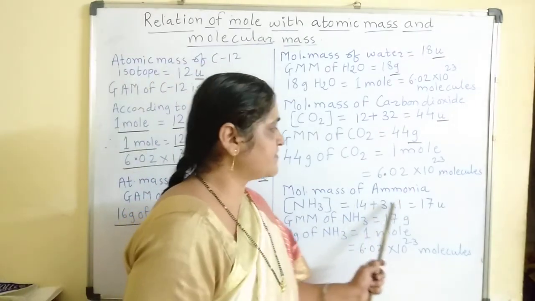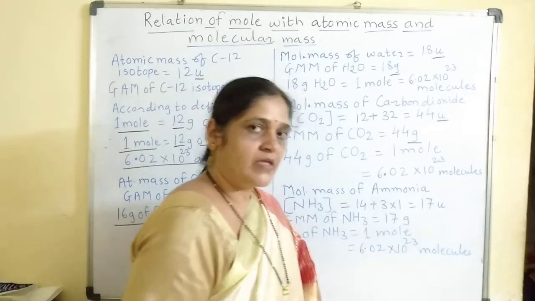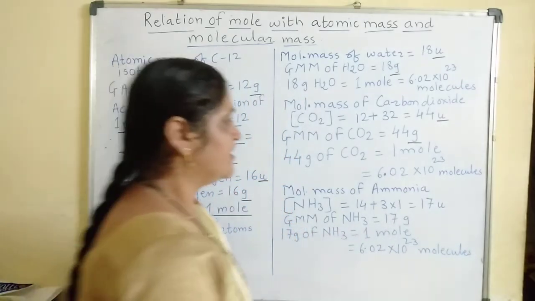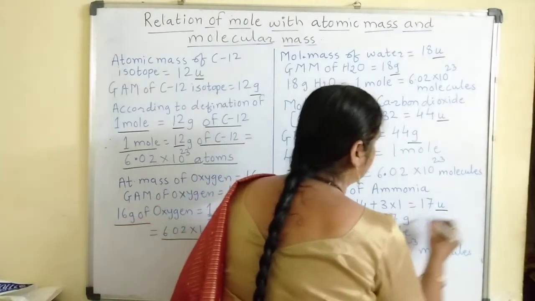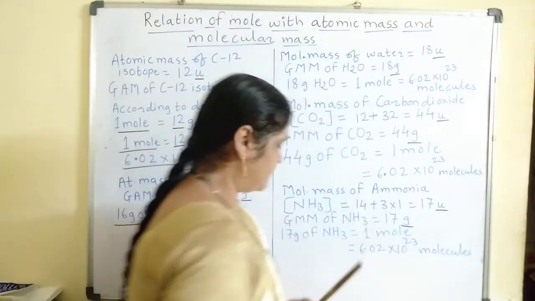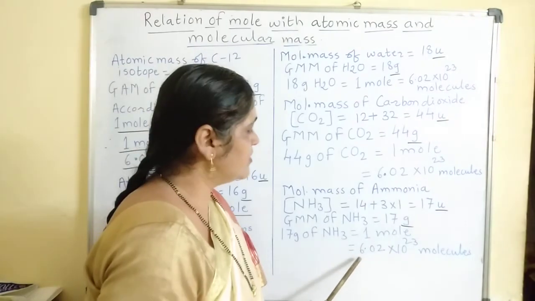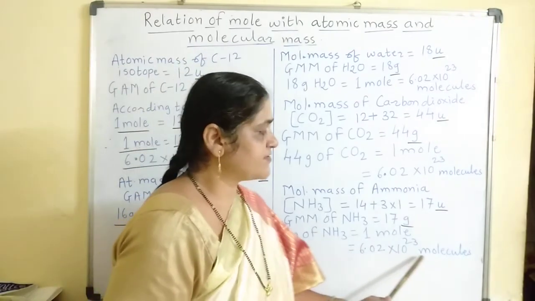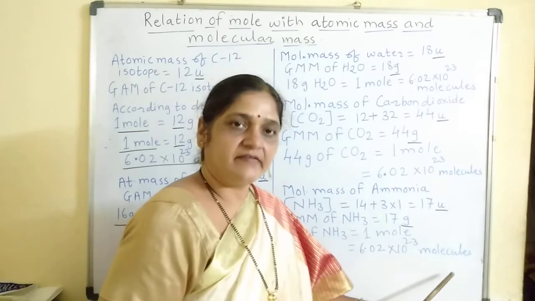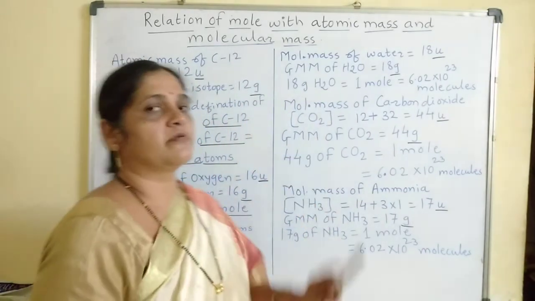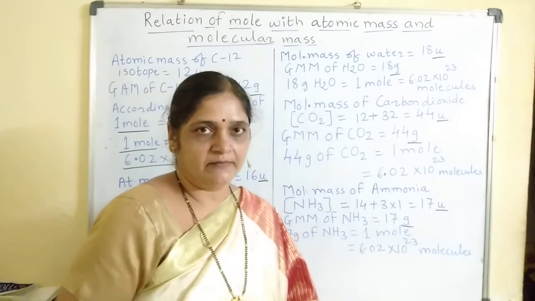So 14 plus 3 is equal to 17 u. Expressed in gram, the gram molecular mass of ammonia is 17 gram. Now 17 gram of ammonia is equal to 1 mole and is equal to 6.02 × 10^23 molecules. Thus, we can relate gram atomic mass and gram molecular mass with 1 mole.